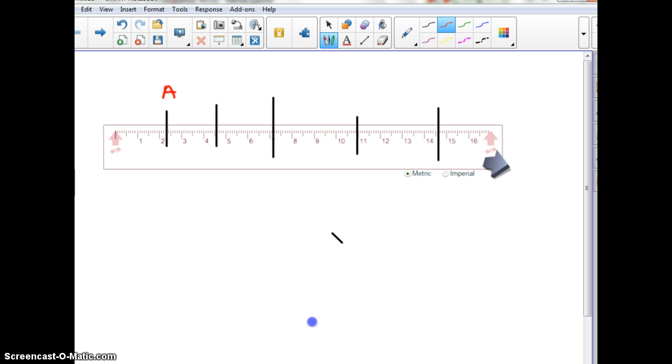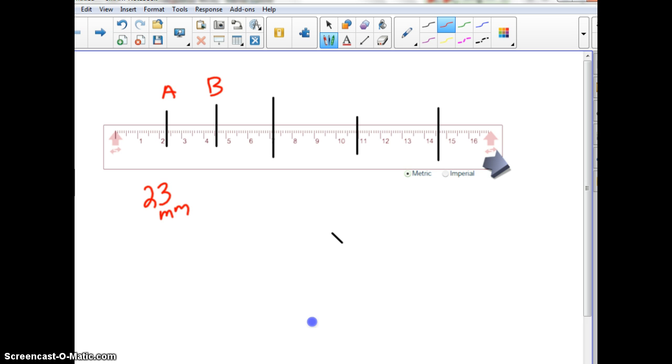How many millimeters is that? What do you think, Dathan? It's a little more than the 2, but it's less than the 3. I like that. We're estimating. So about 23 millimeters.